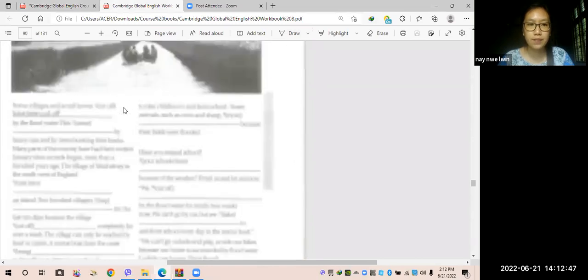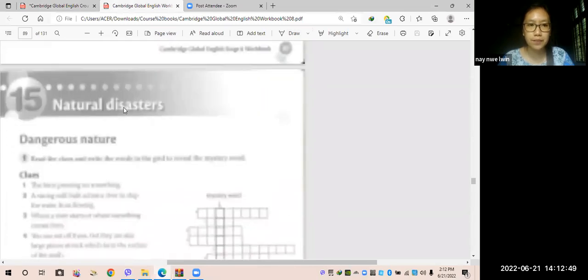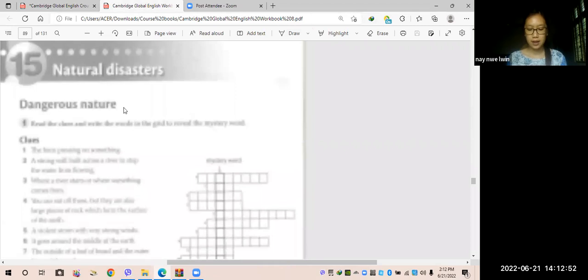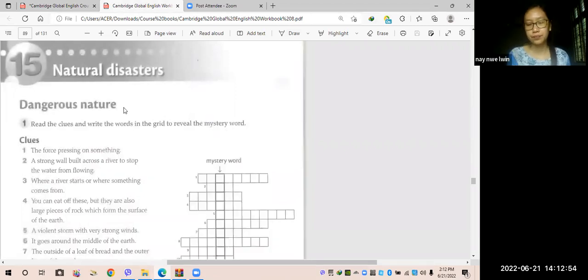Workbook unit 15 about natural disasters. We will fill the grid first. Dangerous nature: read the clues and write the words in the grid to reveal the mystery word.